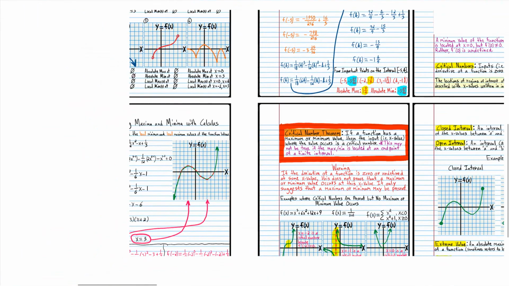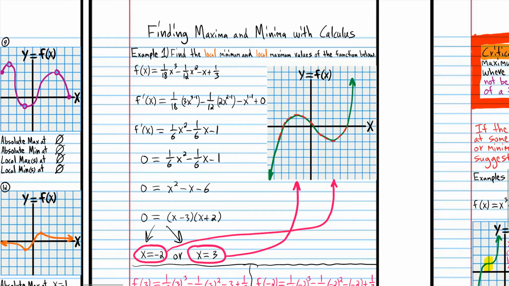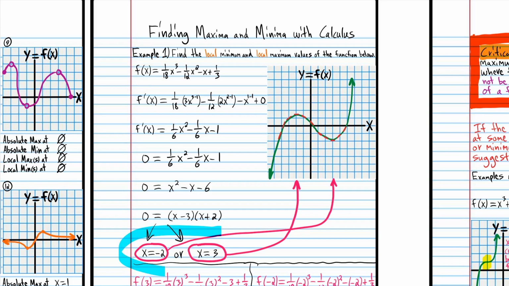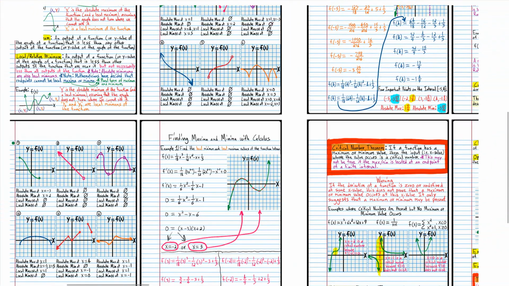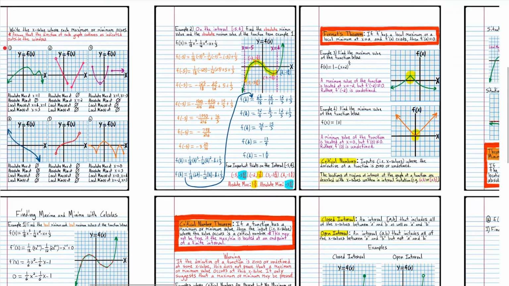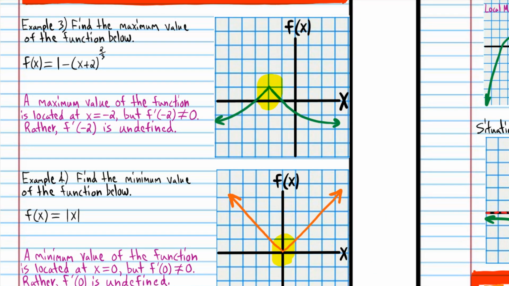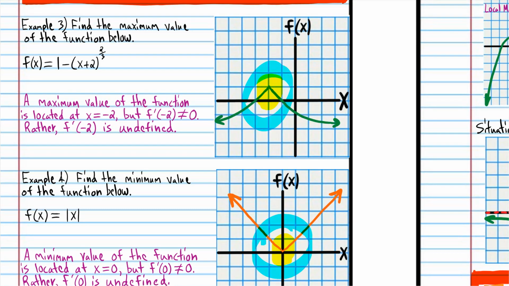So what this means is you need to find where the derivative is equal to 0, and that might be where a maximum or minimum value occurs. You also need to find where the derivative is undefined. That might be where a maximum or minimum occurs.